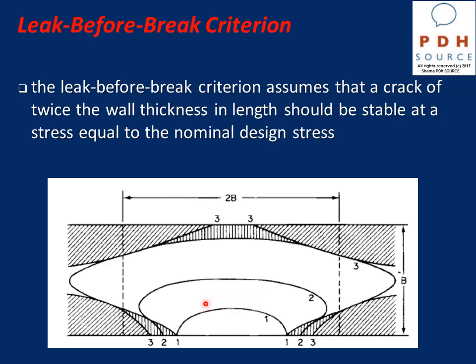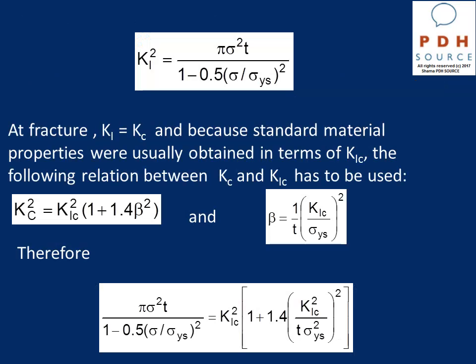And these are represented by these contour lines 1, 2, and 3. 3 is basically the critical. Therefore, in order to satisfy this criterion, we have to satisfy this equation. And at fracture, we always assume that the stress intensity factor equals the fracture toughness.